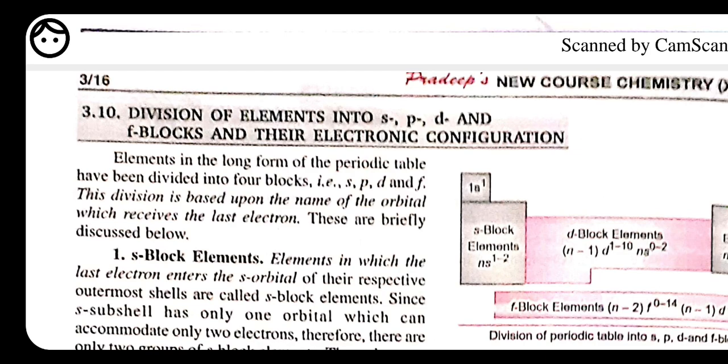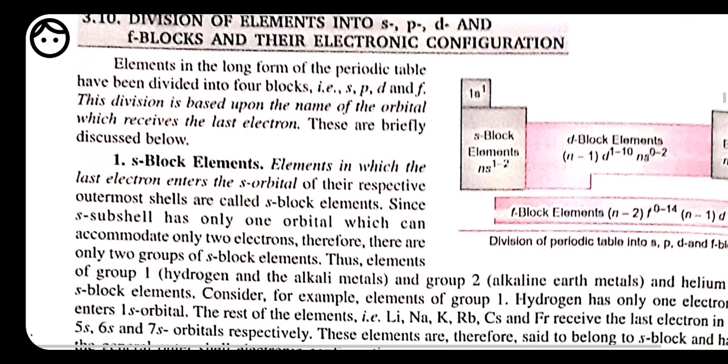And in group 2 we have beryllium, magnesium, calcium, strontium, like that. Okay, so these are called s block elements. Why are they called s block elements? Because the last electron enters into the s orbital, that's why they are called s block elements.